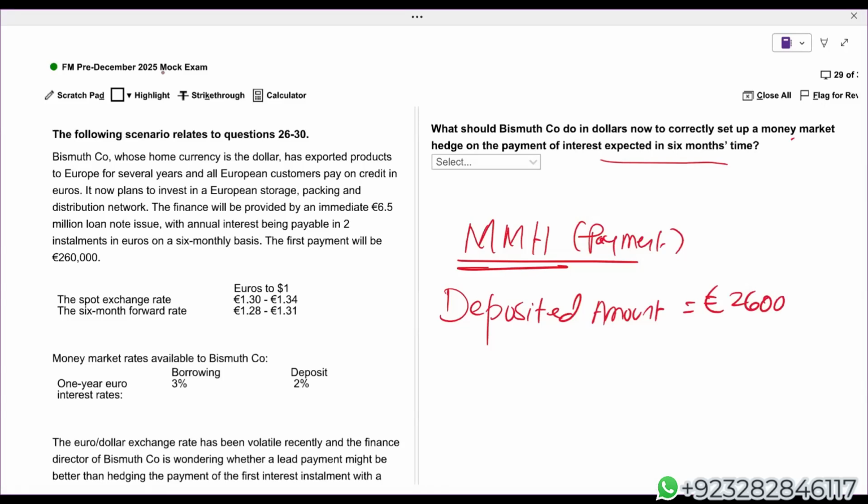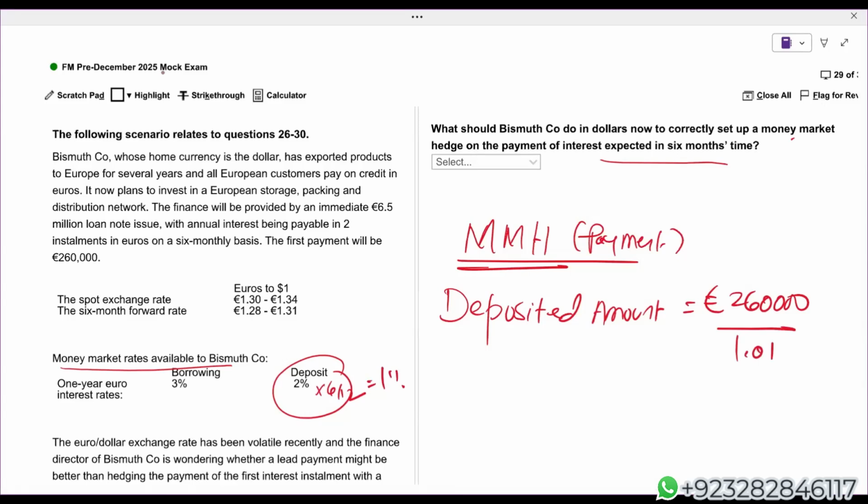Euro 2,60,000, we will borrow the present value of 260. Money market rates available to Bismuth for 1 year euro: deposit rate is 2% for the whole year, but we'll be depositing for 6 months, so 1%.